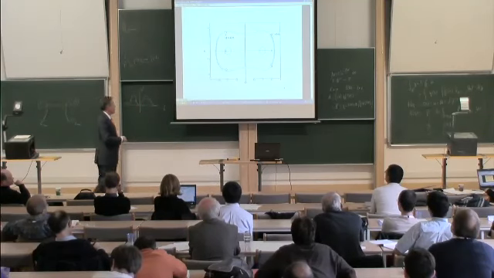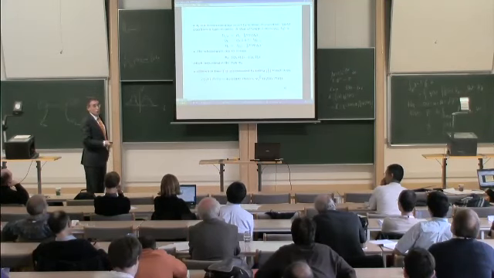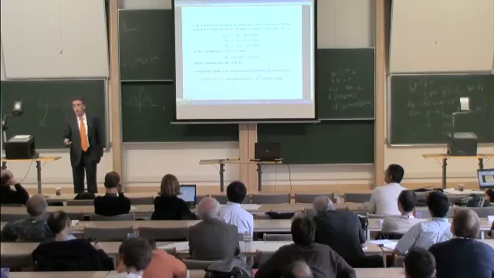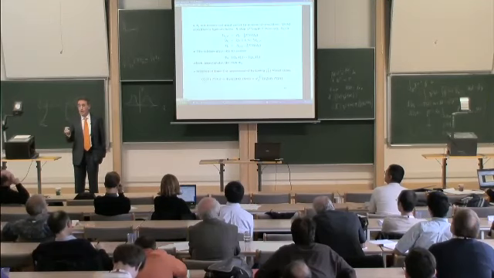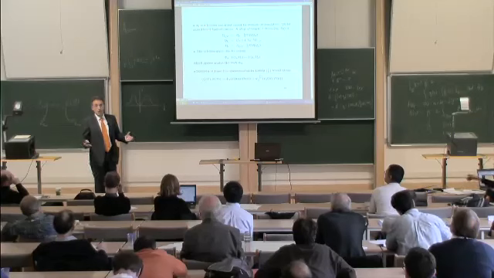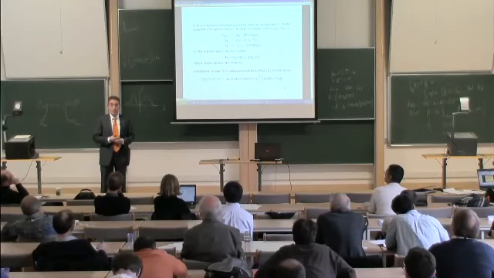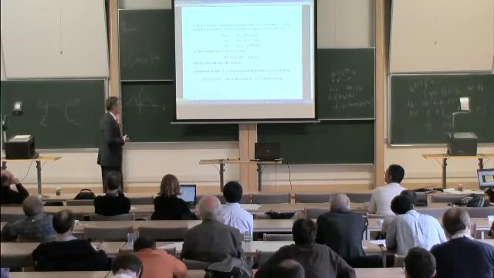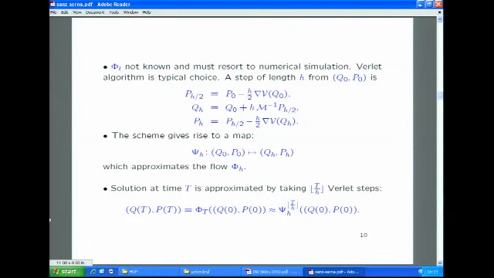So this is the basic ingredient of the hybrid Monte Carlo method, but of course the trouble with the method as I have presented it so far is that in practice we don't know exactly the Hamiltonian flow. We don't have a formula for phi. But then this is why some of us are numerical analysts.